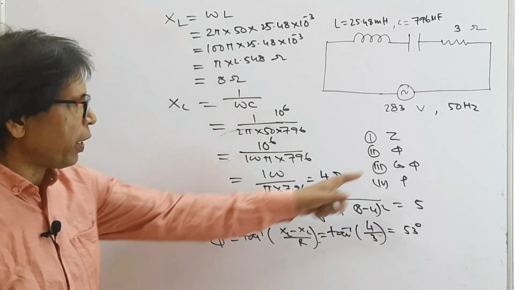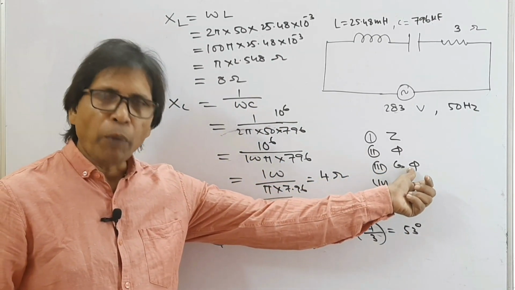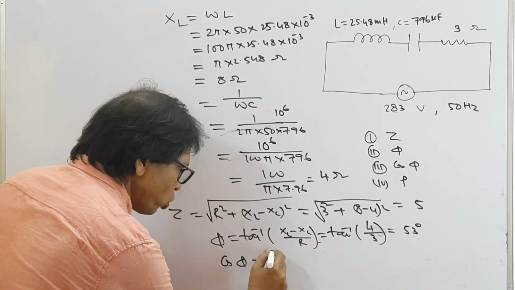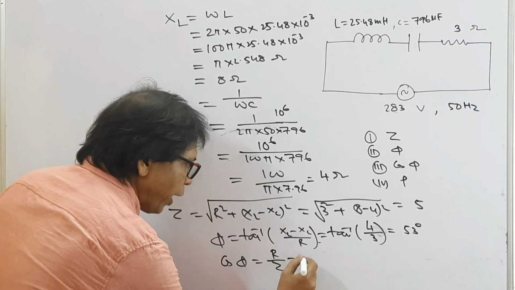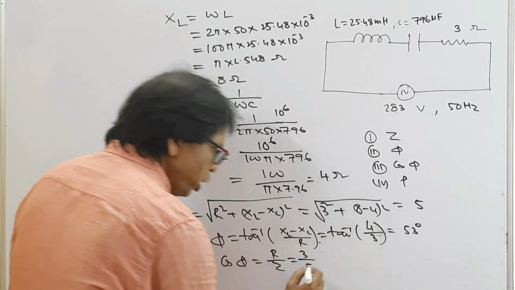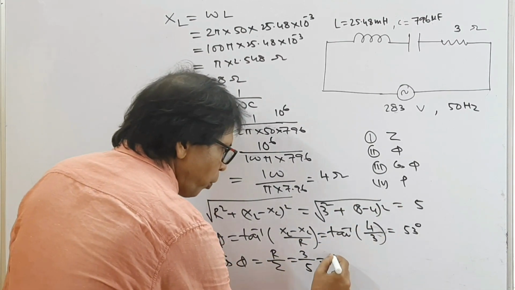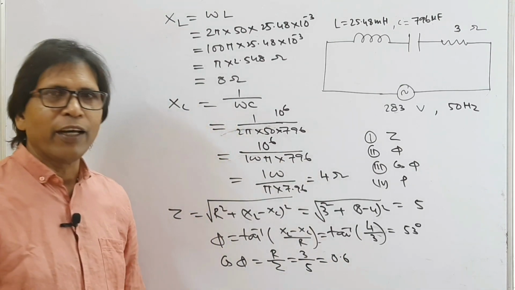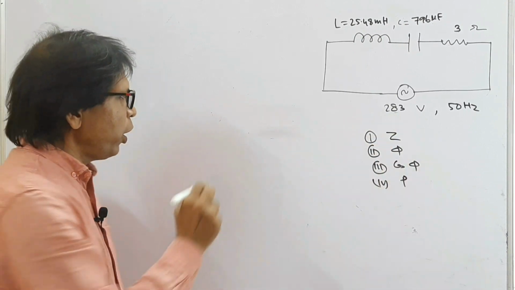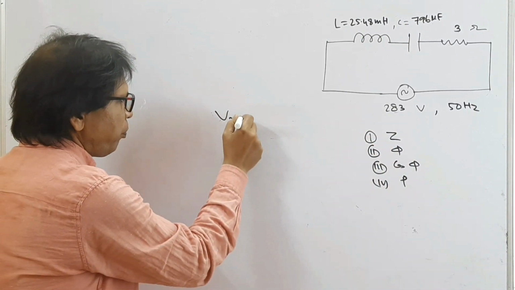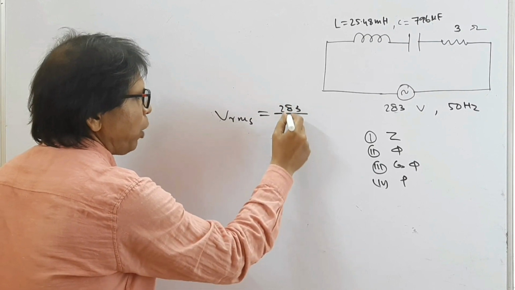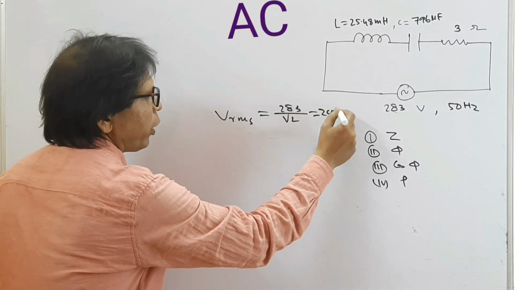Now power factor. Power factor cos phi equals R by Z. R equal to 3 and Z equal to 5, so this is 3 by 5, that is 0.6, the power factor. Okay, now this is the peak value of the voltage. So VRMS is equal to 283 divided by root 2, so this is 200 volt.